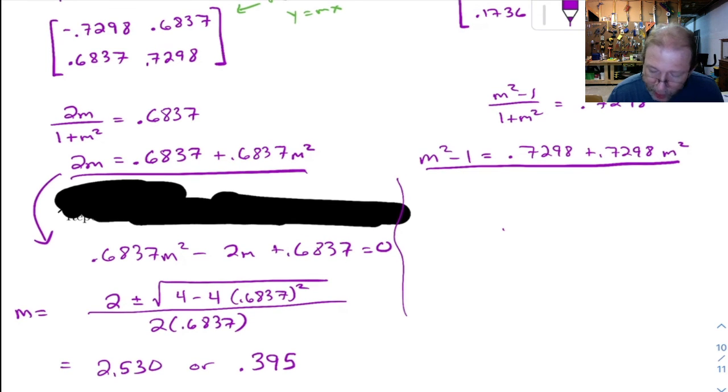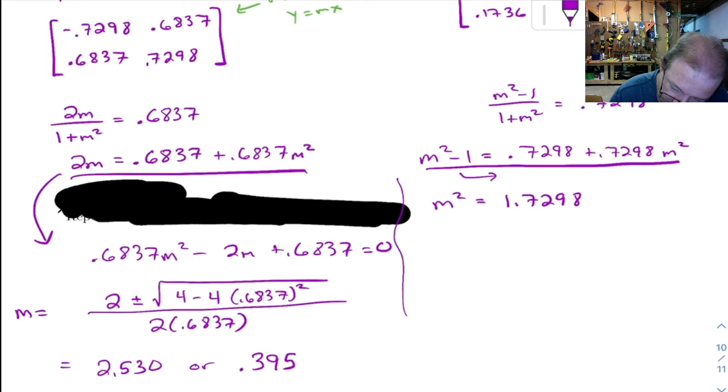To figure out which one, we've got to come to this other equation over here and solve it. So this guy, I'm going to move the 1 over there, so I get m squared is 1.7298 plus 0.7298 m squared. I'll subtract this off of both sides. So 1 minus 0.7298 is 0.2702.